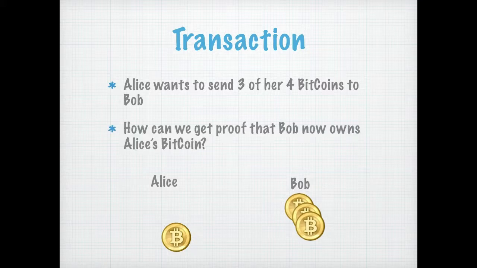In a transaction, what we're interested in is proving somehow that Bob now owns Alice's Bitcoins. Because anyone can just copy some information. And if you could do that willy-nilly, then it would be possible for someone to just take your money very easily. So we need some way of proving it.